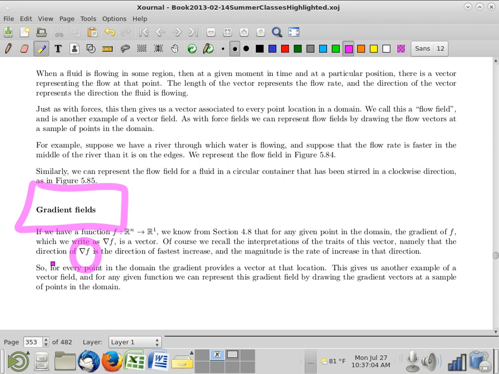It's going to turn out that gradient fields have special properties that other vector fields don't have. And furthermore, gradient fields are the answer to some extremely natural questions that we're going to want to ask in Chapter 6. So this is just a little bit of foreshadowing, but another reason why I wanted to show you this example is that these are going to be really important in Chapter 6.